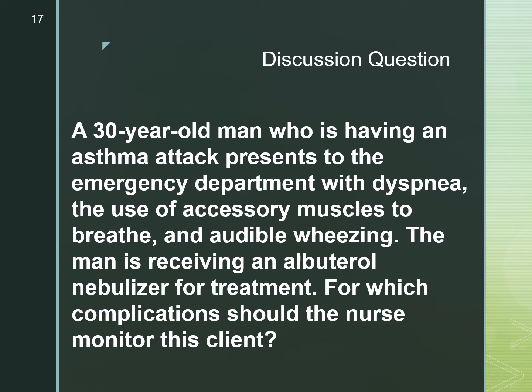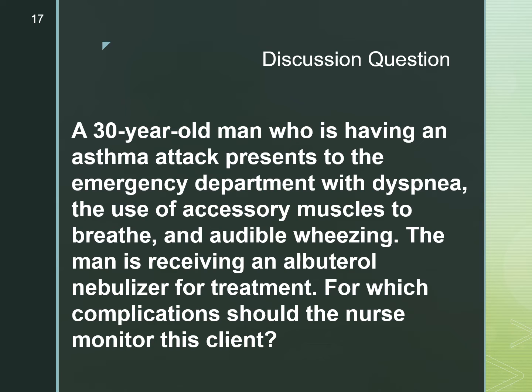First of all, the client, if he has a history of asthma, they frequently are going to have the rescue inhalers. And that rescue inhaler is often, for example, albuterol. So if we have a client come in who has been using their rescue inhaler and they've not had any relief, or maybe they even have a nebulizer machine at home and they have albuterol that they can put in it, if they have been using that at home and they've not had relief, they come into the emergency department.